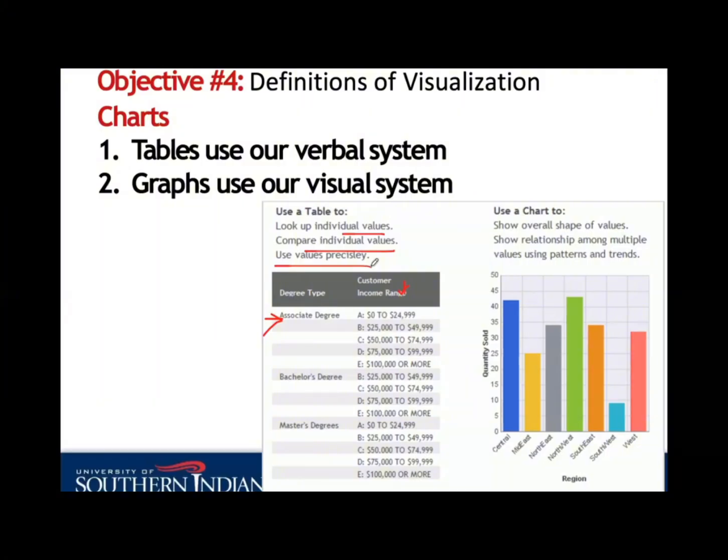Versus graphs. Graphs are like bar charts, line charts, and pie charts, and this type of chart tends to rely on human visual systems. So we only have to see it as a big picture that provides the big trend, the big overall relationship of the data set.